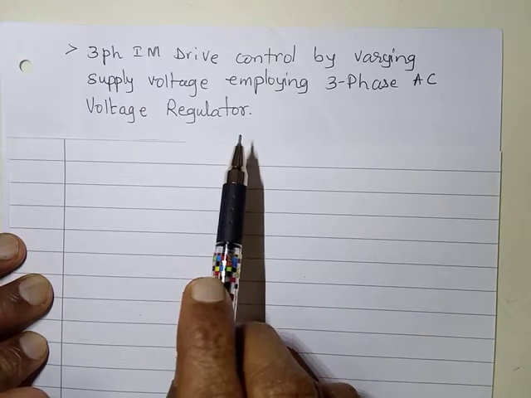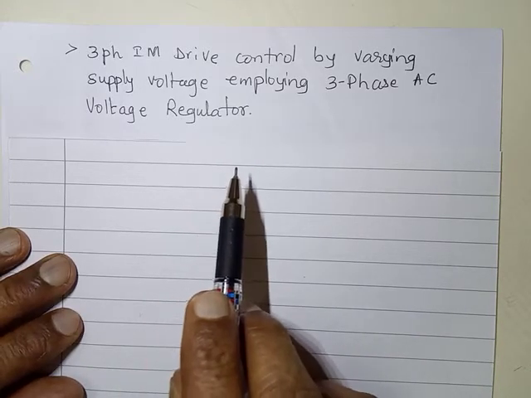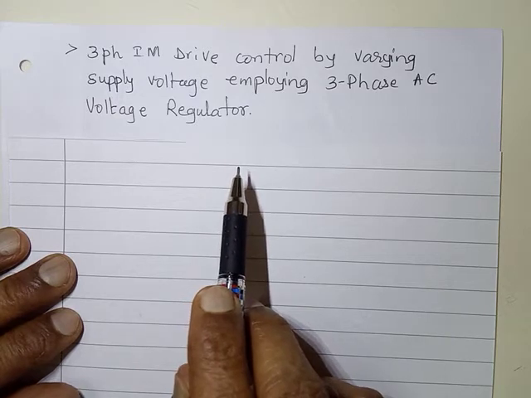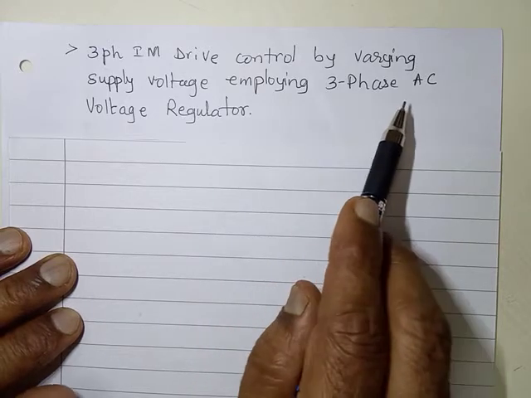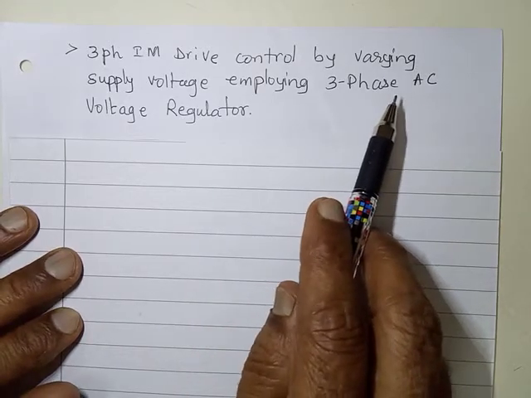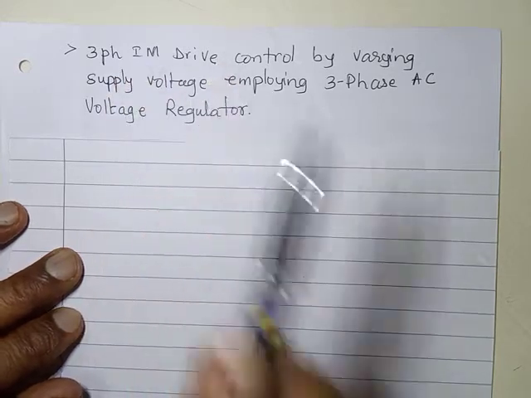We have already discussed in power electronics what is a voltage regulator, what is an AC voltage regulator, and what is a three-phase AC voltage regulator. That we are now employing for the three-phase induction motor.